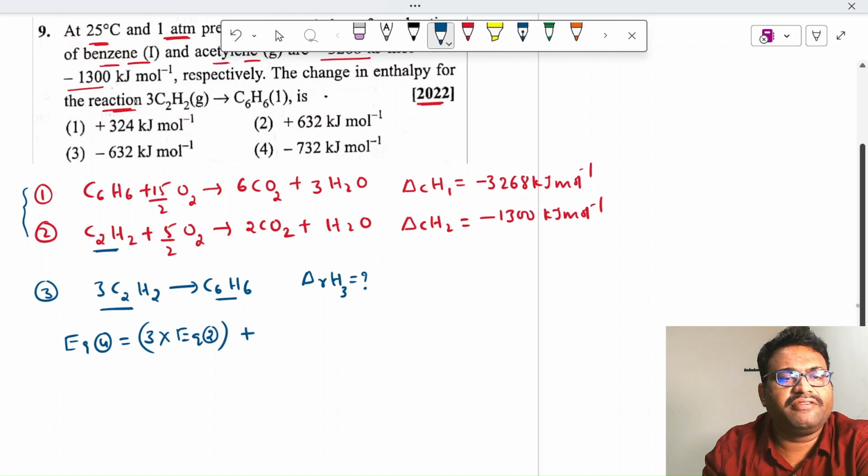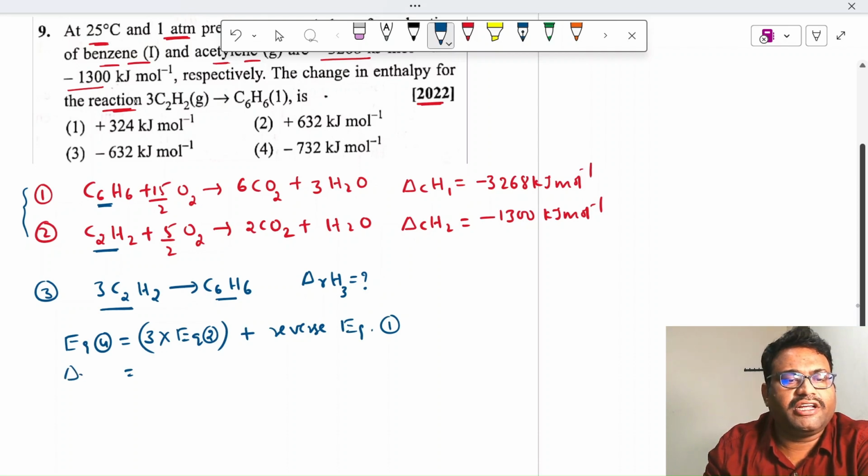benzene is on the right side, but in the given, benzene is present on the left side. So you have to reverse equation 1. So then what do you get?